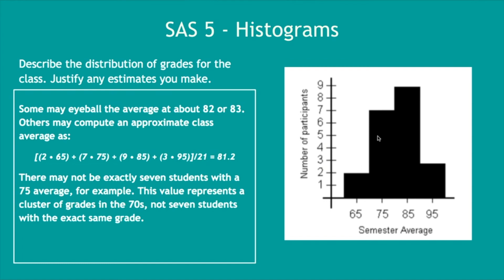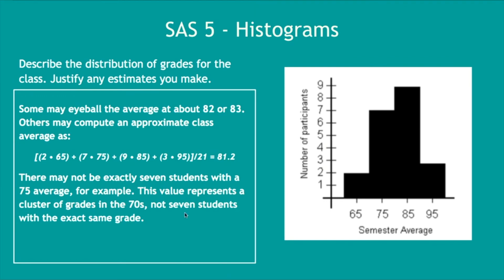So 2 plus 7 plus 9 plus 3 is 21. So the average is around 81.2. There may not be exactly 7 students with a 75 average, for example. The value represents a cluster of grades in the 70s, not 7 students with the exact same grade.